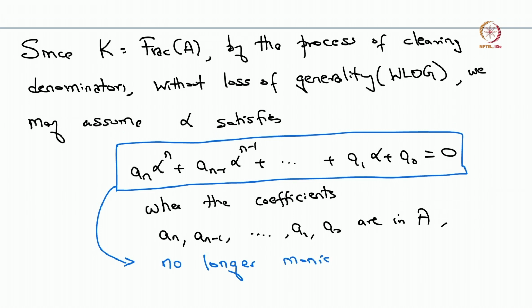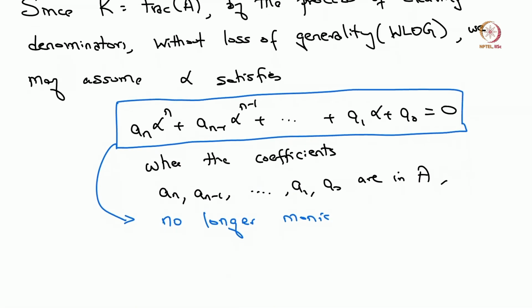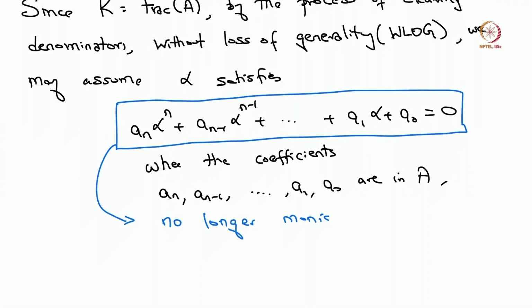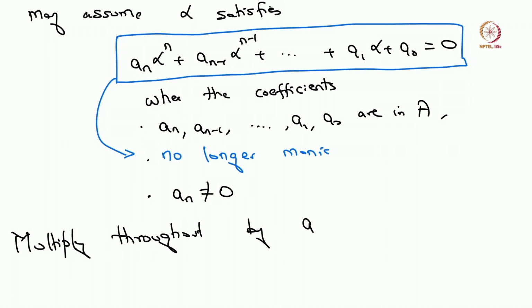But remember the way we got this equation is we started with a monic polynomial of degree n with coefficients in K, and then we cleared denominators. So this leading term a_n, another additional constraint is that this leading term a_n is not 0. Okay, so we have a non-zero term, and if you just multiply throughout by the (n-1)th power of a_n, what do we get?